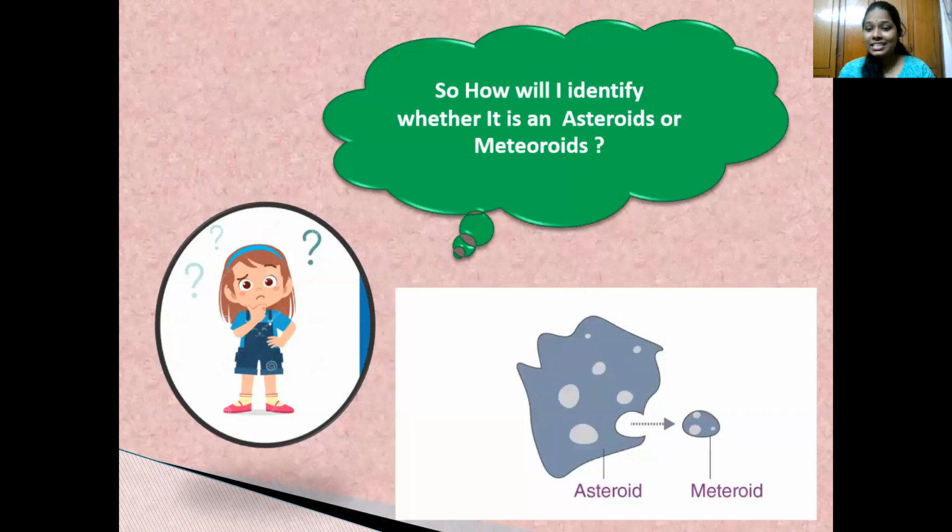The difference is that meteoroids are broken particles from the asteroid. An asteroid is bigger in size, and with time the particles break, broken pieces come out and become smaller, and those are the meteoroids. Clear? So this is basically the difference between the asteroid and the meteoroid.